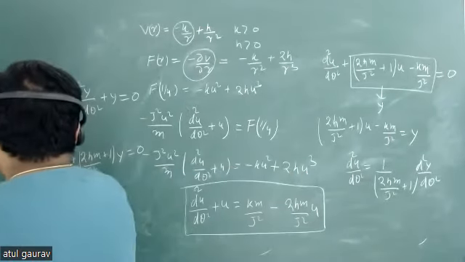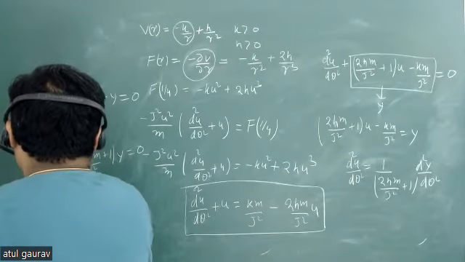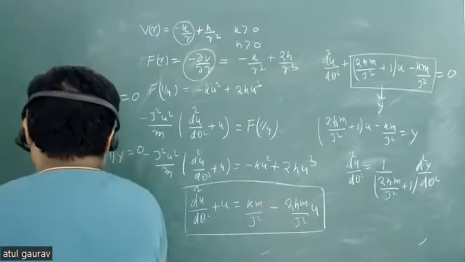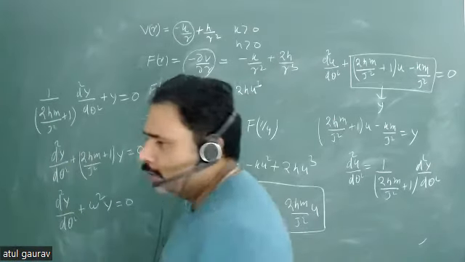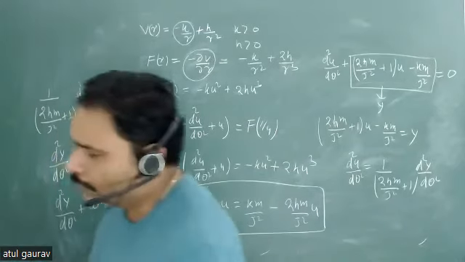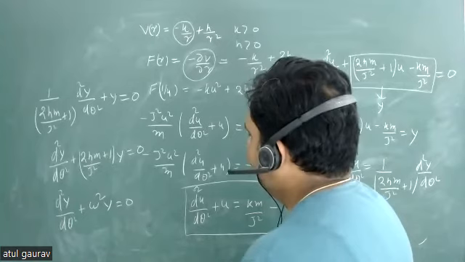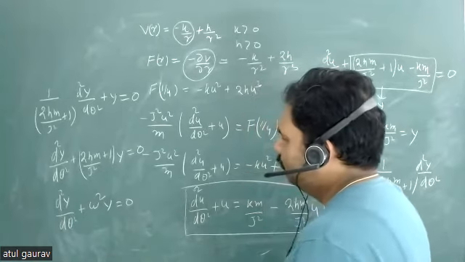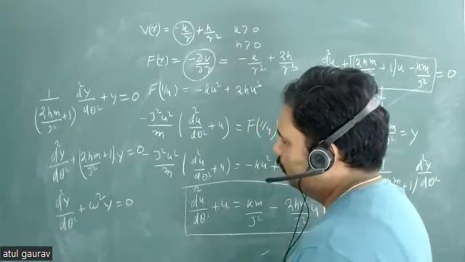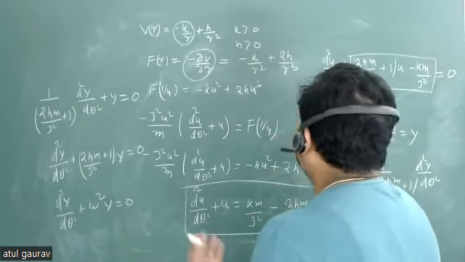So you have d square y d theta square plus omega square y is equal to 0. What is the solution of this equation? y is equal to a cos omega theta plus b sin omega theta, है ना?